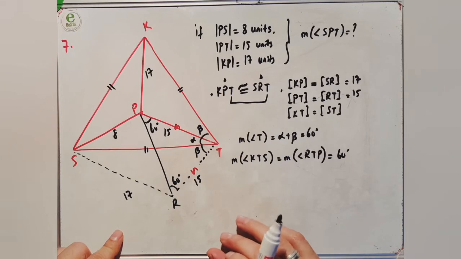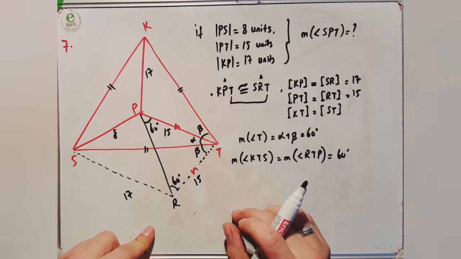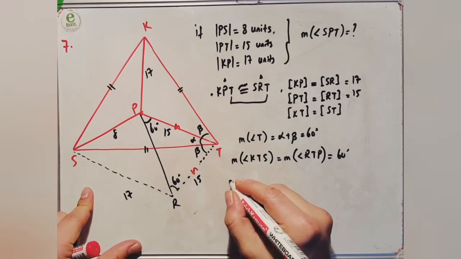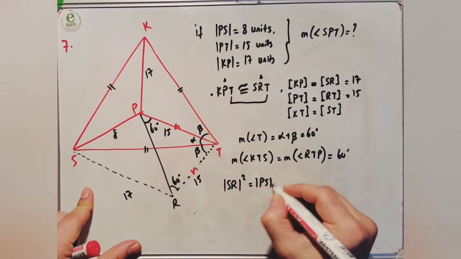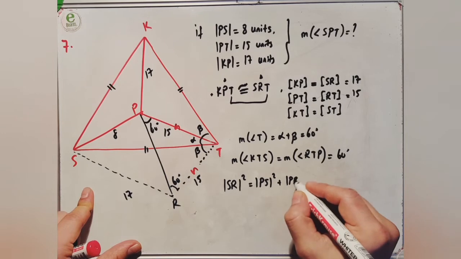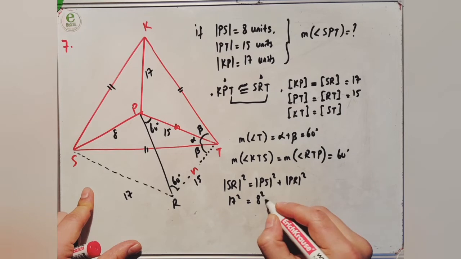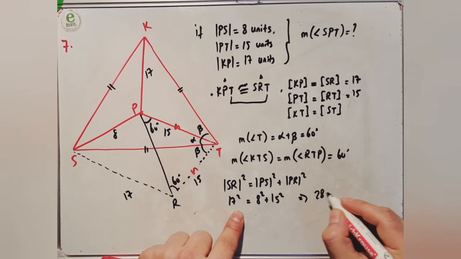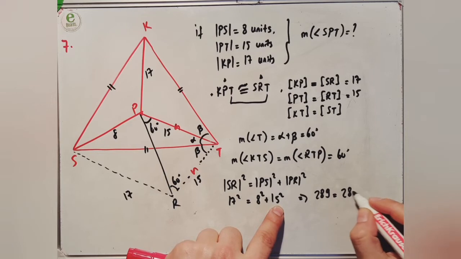Okay? On the other hand, since the lengths of the sides of PRS form a Pythagorean triple, that is, SR squared is equal to PS squared plus PR squared, so 17 squared is equal to 8 squared plus 15 squared. So we have 289 is equal to 64 plus 225, which is 289.